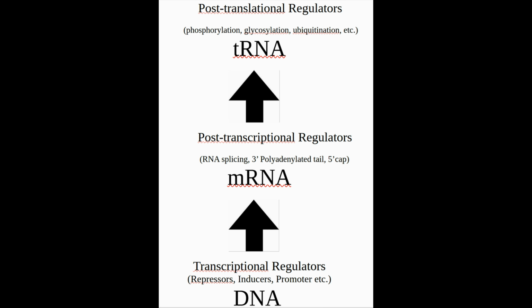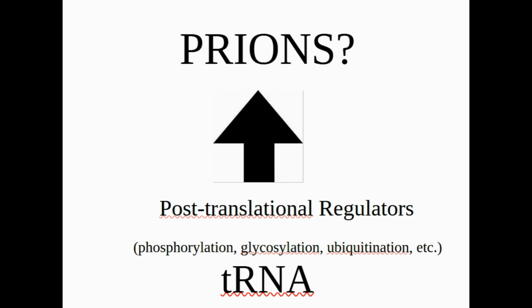But the idea here is that we have our information in DNA, and based off of what kinds of modifications are made to that DNA, and then modifications to the mRNA, and then modifications to the tRNA, we can end up getting a different protein at the end that then ends up serving its purpose and however it ends up affecting the body.